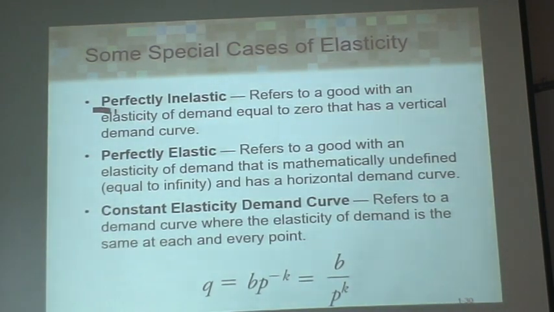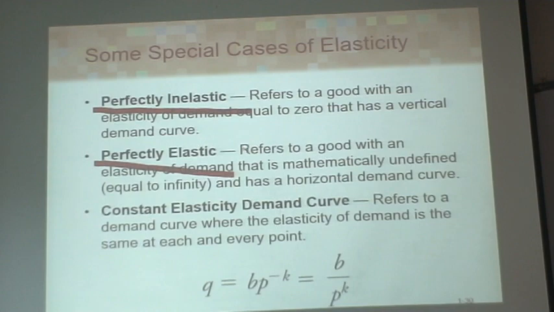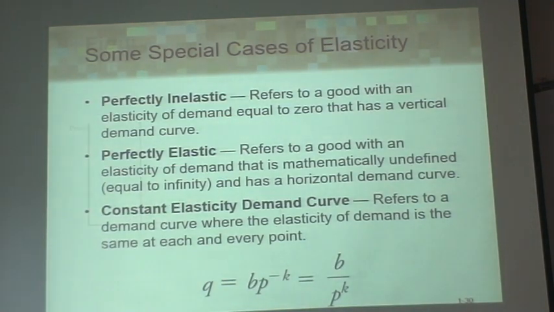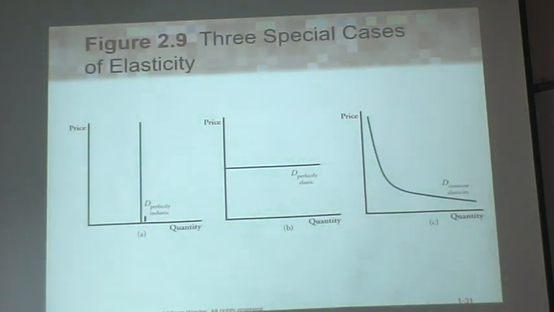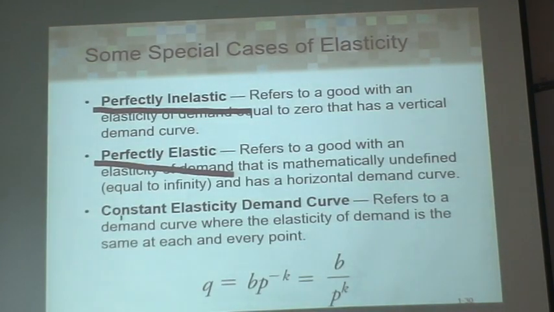Okay, perfectly inelastic. We draw a vertical line here, right? If it is vertical, it's perfectly inelastic. The elasticity is equal to 0. And if it is perfectly elastic, that is horizontal. So here, perfectly inelastic, perfectly elastic. And he talked about constant elasticity.